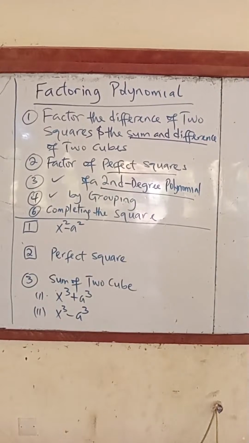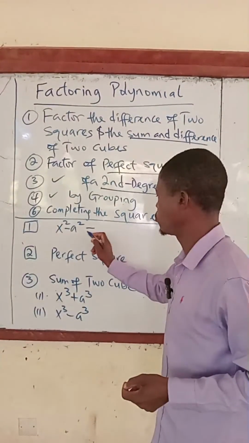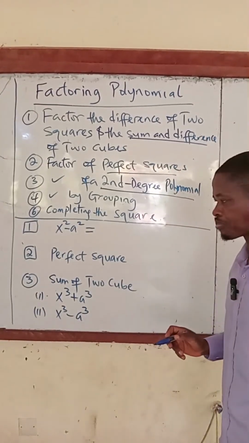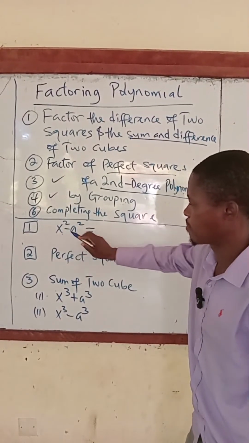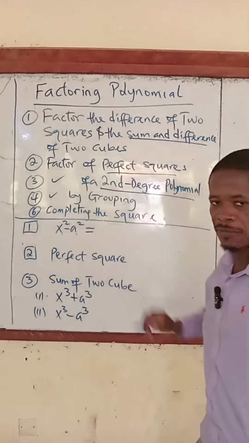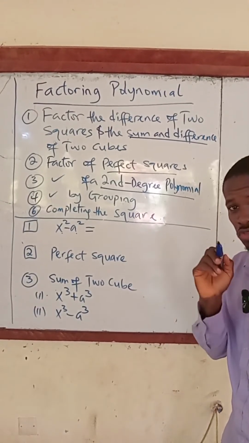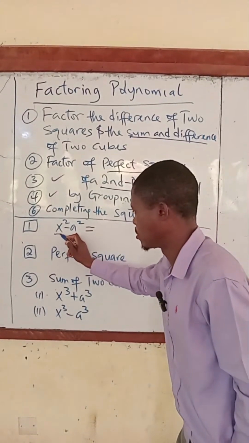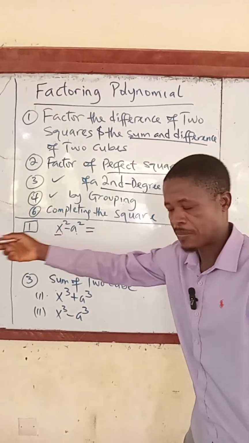The first one we want to look into is the difference of two squares. And we have here x squared minus a squared. When we are looking at difference of two squares, you must have a multiple of the first variable as x squared.